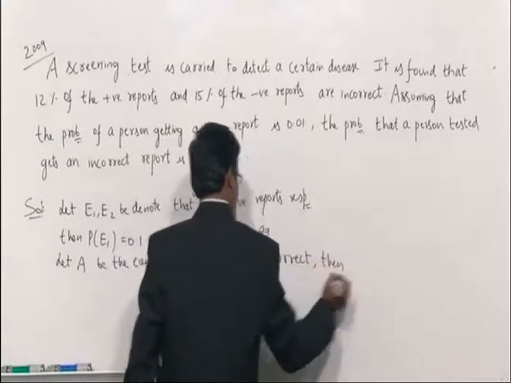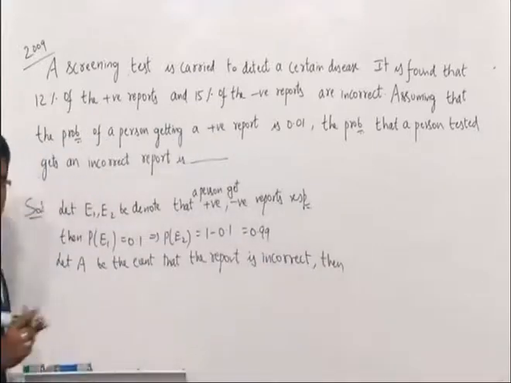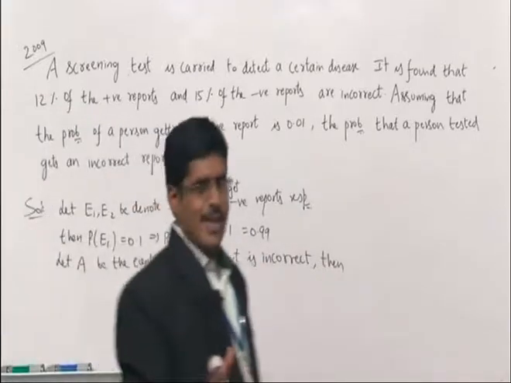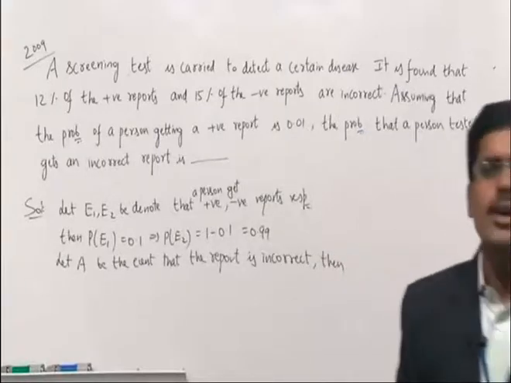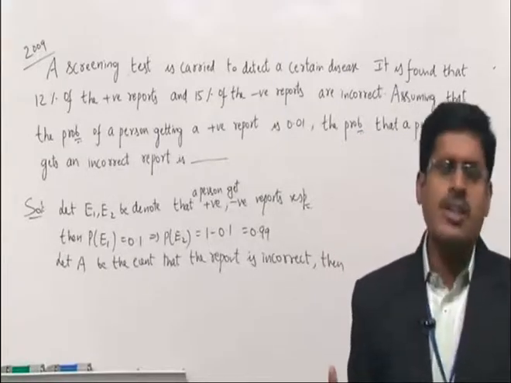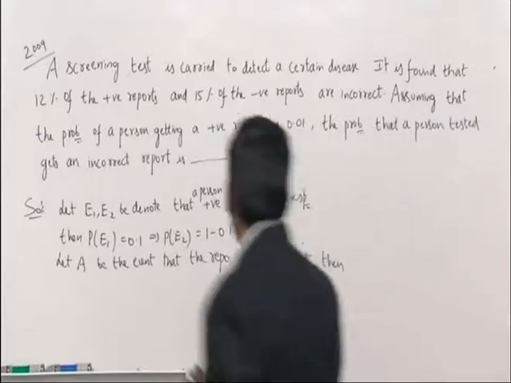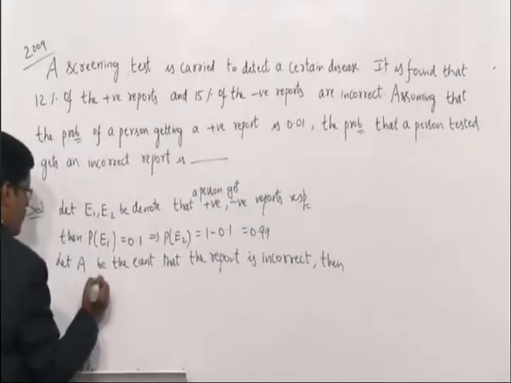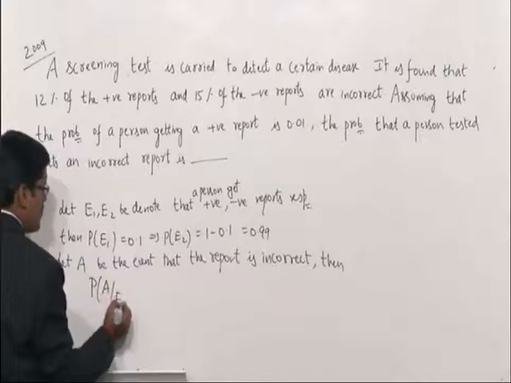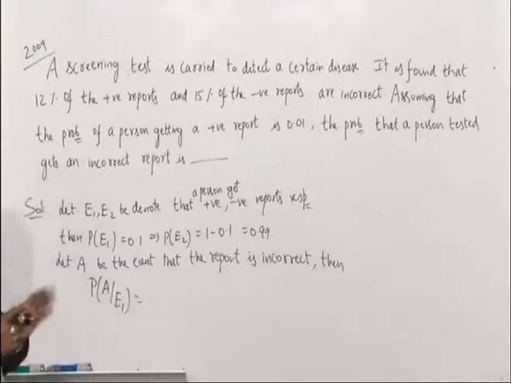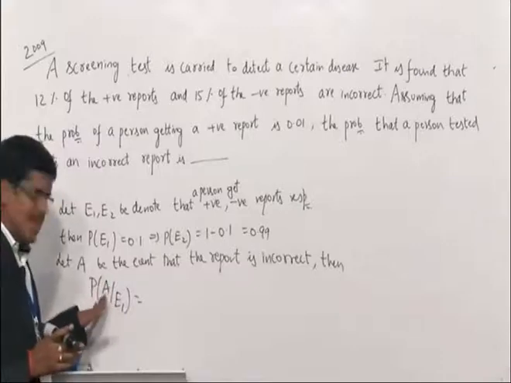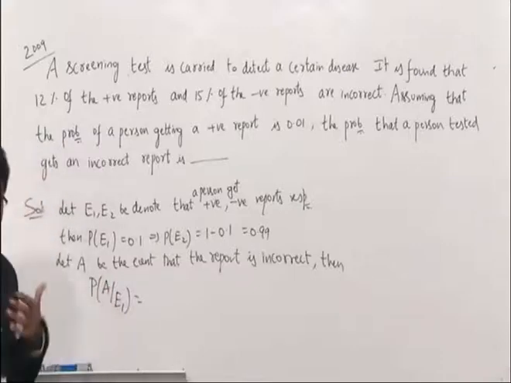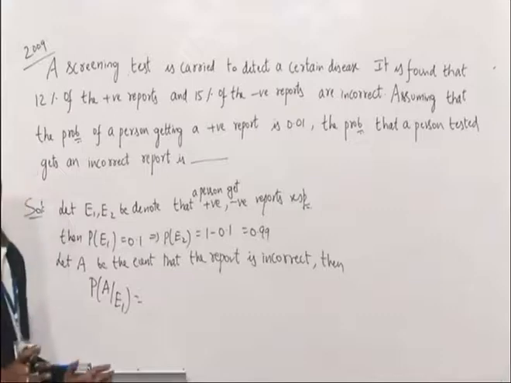That incorrect report came from either positive report or negative report. So using conditional probability, this is P of A given E1. What is the meaning of P of A given E1? After getting the positive report, that is E1 is positive report, A is incorrect report. That incorrect report comes from positive report.